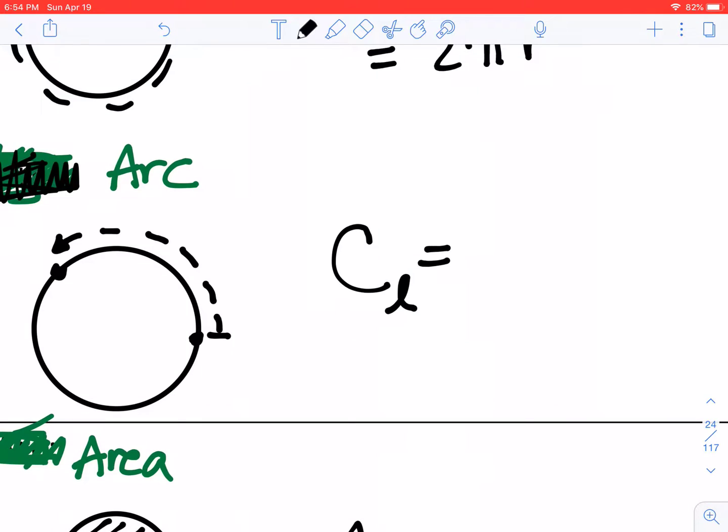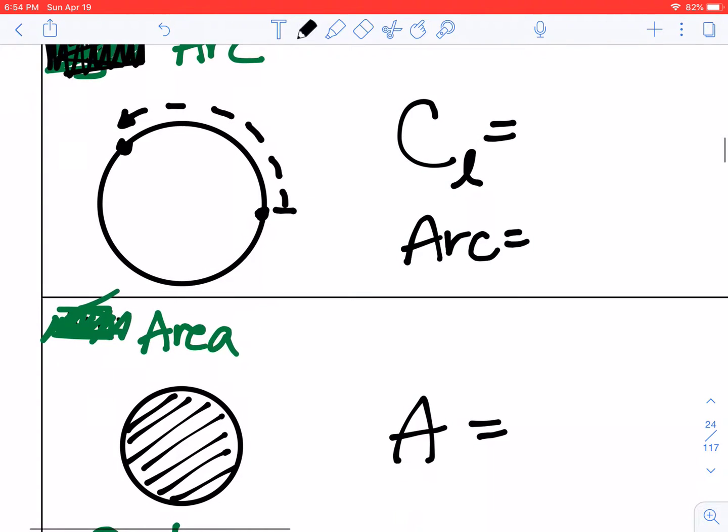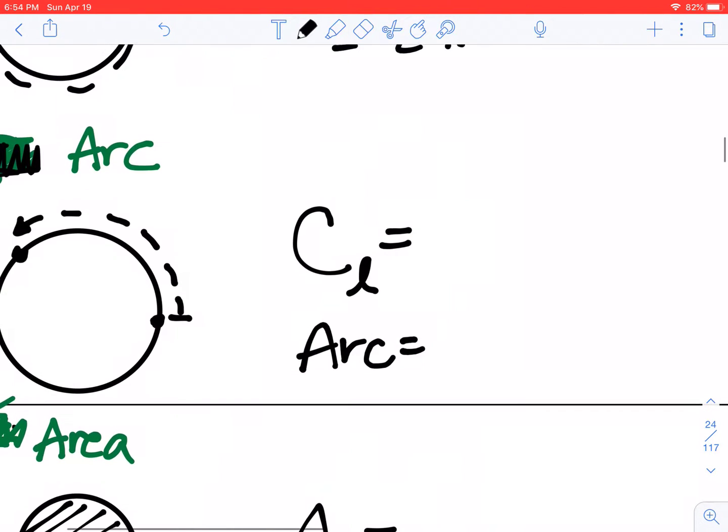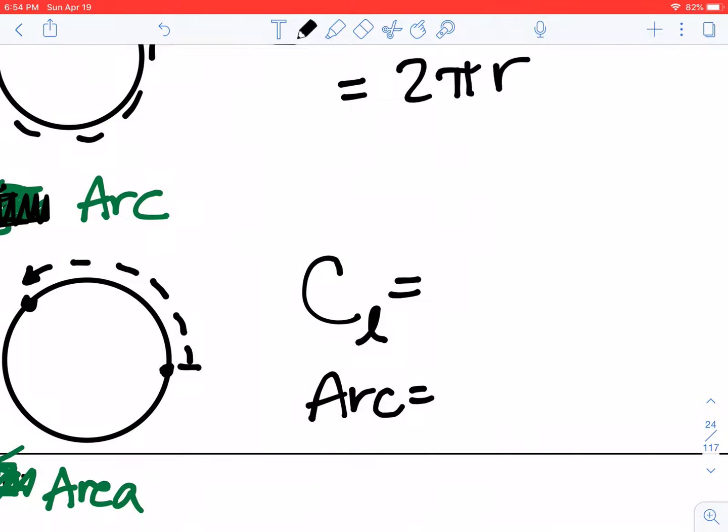If you only want a portion of that circle, we call it an arc. And I'm going to say that we should probably write that out as C, circumference, and then put a little L. You could write out the word arc, but you'll notice the next topic is area, and arc and area might look a little bit similar, so it's probably good to think of it in terms of the circumference as well.